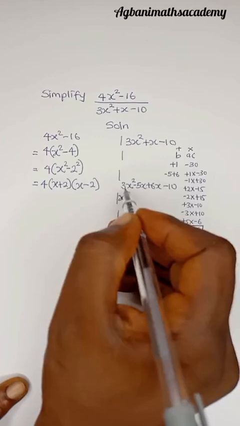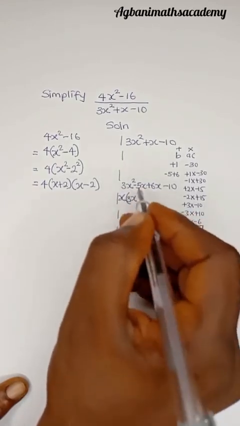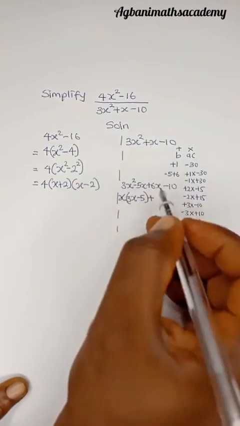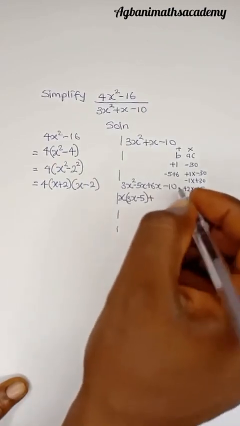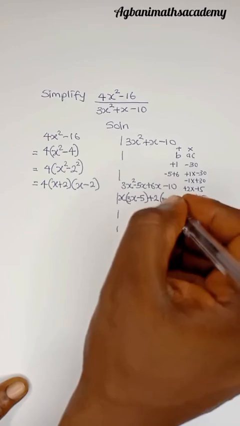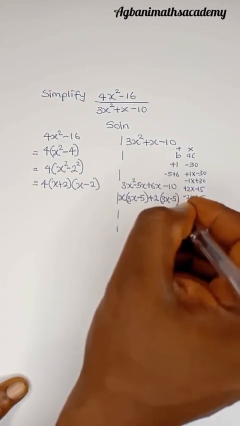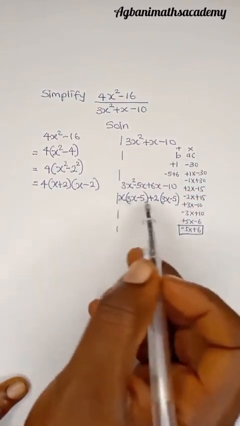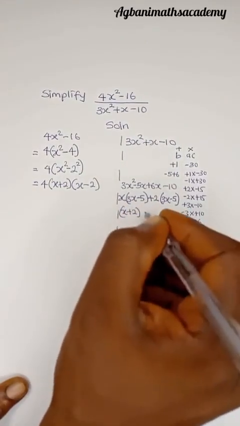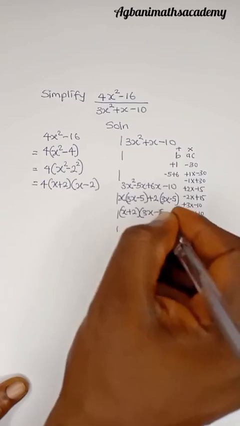So when we bring it out, 3x squared divided by x is going to give us 3x, and minus 5x divided by x is going to give us minus 5. Plus, what is common between 6x and minus 10? What is common is 2. 6x divided by 2 is going to give us 3x, and minus 10 divided by 2 is going to give us minus 5. So we bring the values outside the bracket together: we have x plus 2 into, picking one of the two identical brackets, 3x minus 5.